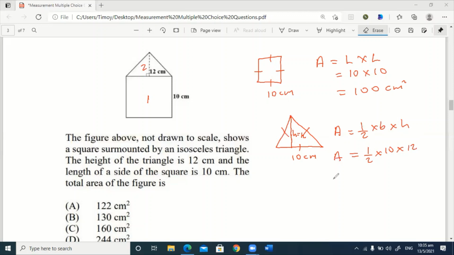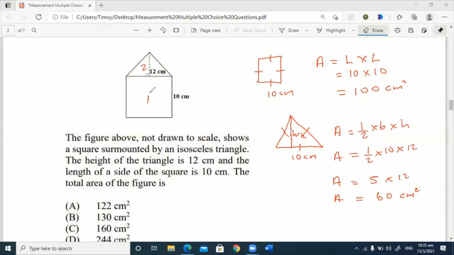So what's half of 10? That's going to be 5. So we end up with 5 times 12, which is just 60. What's the unit? You're dealing with area, so it's going to be cubic centimeter. Sorry, squared centimeter.